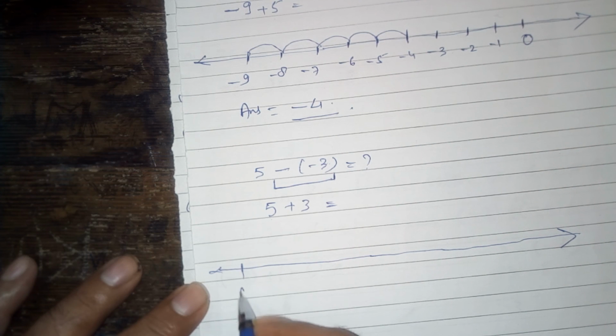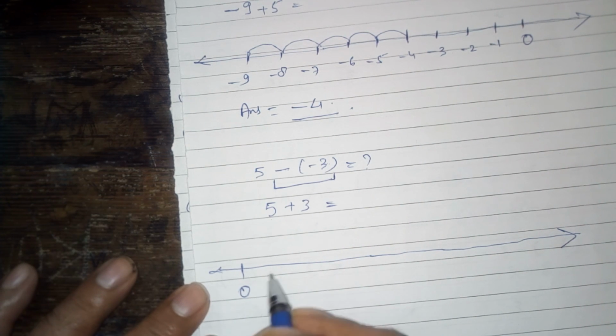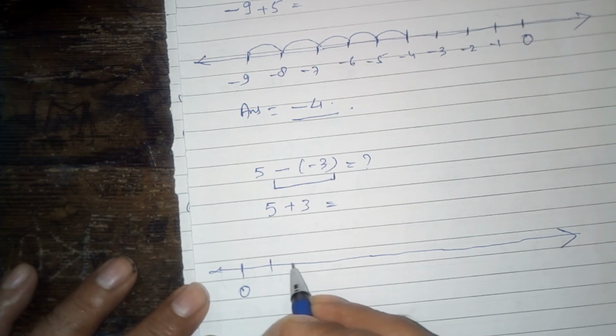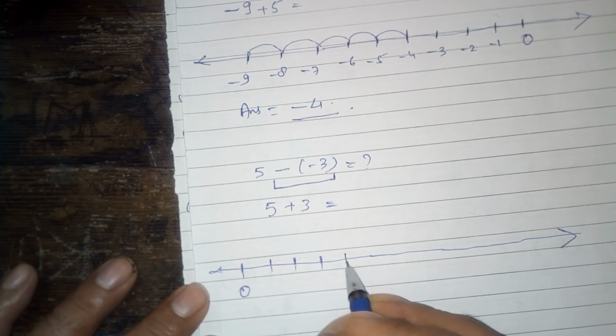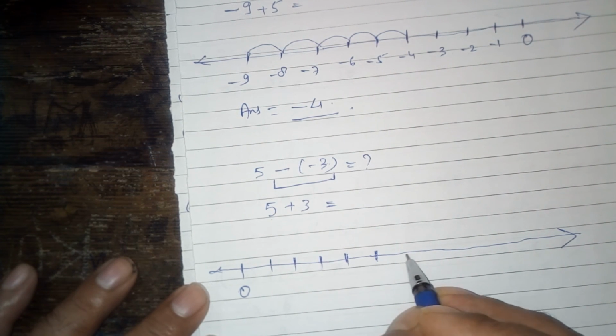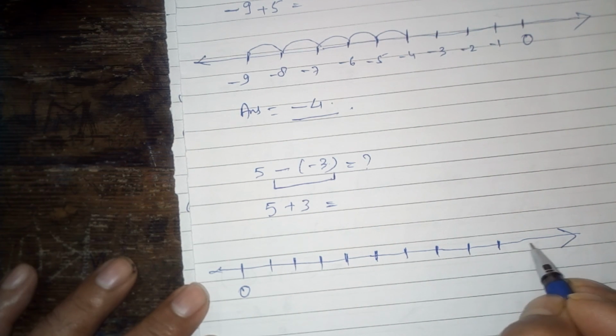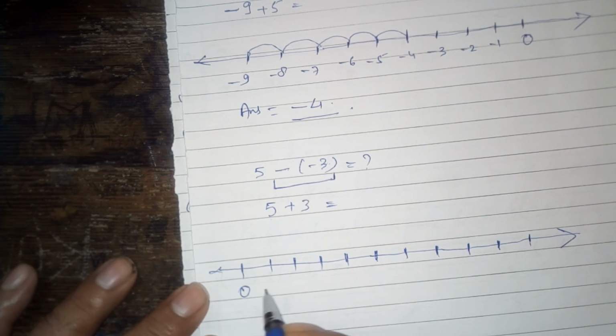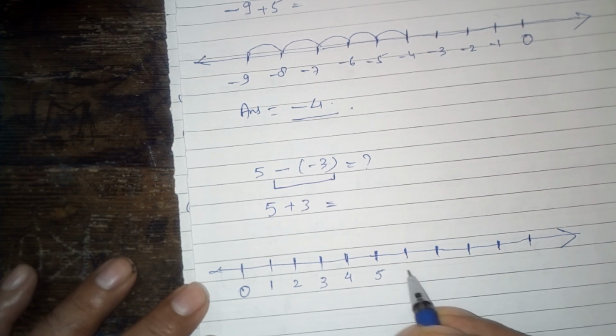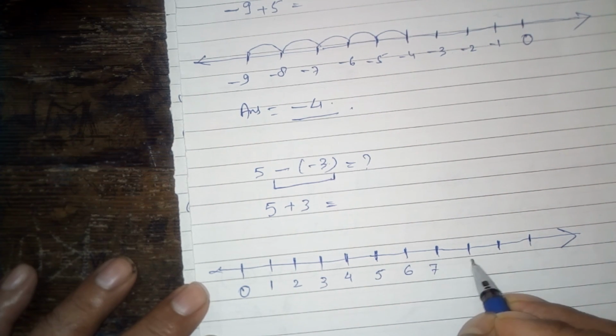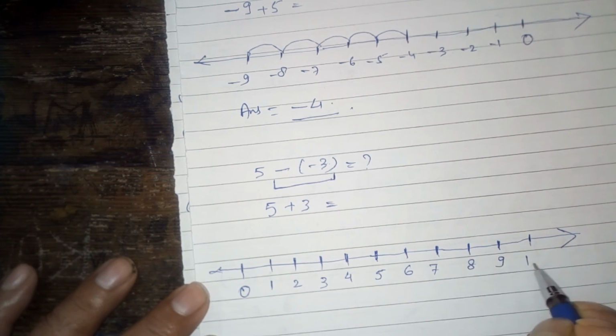This is 0, mark at equal distance 1, 2, 3, 4, 5, 6, 7, 8, 9 and this is 10.